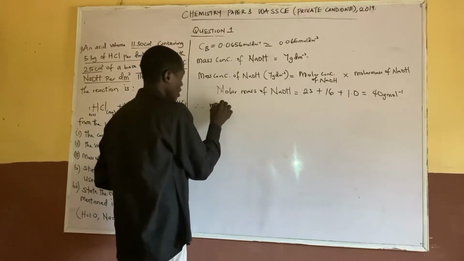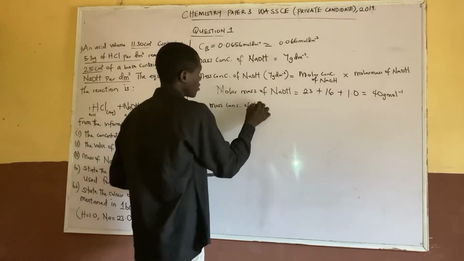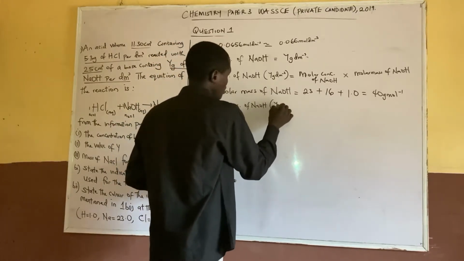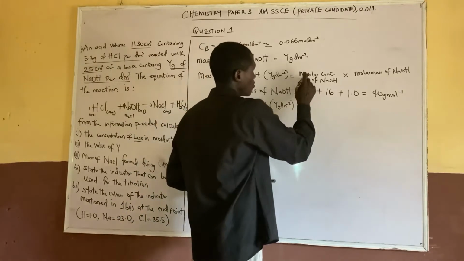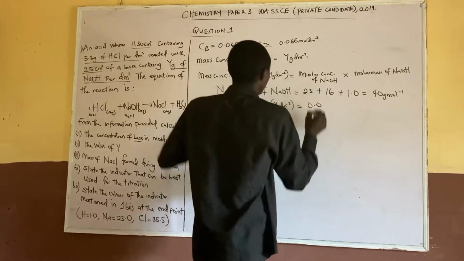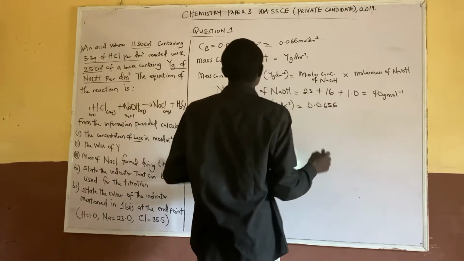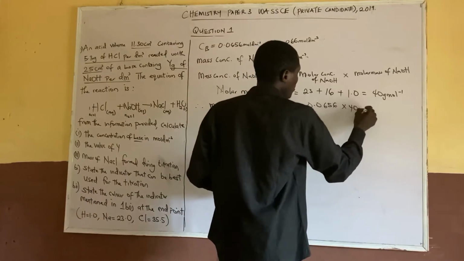Therefore, the mass concentration of sodium hydroxide, which is y gram per dm cube, is equal to the molar concentration, and don't use the approximated value, use the original value, 0.065, multiplied by 40 gram per mole.